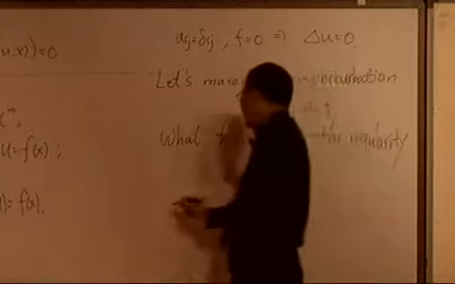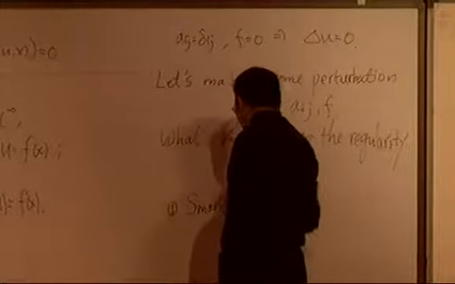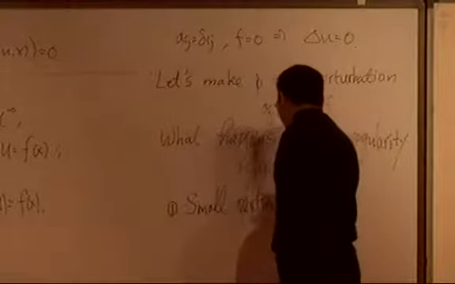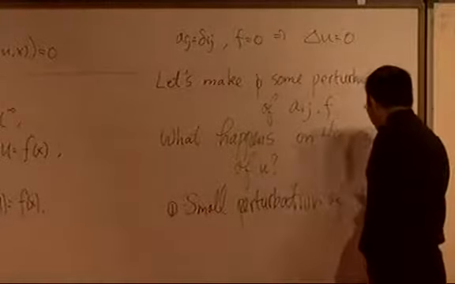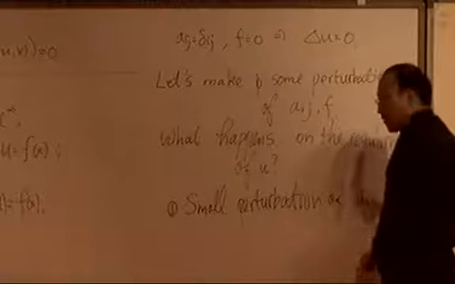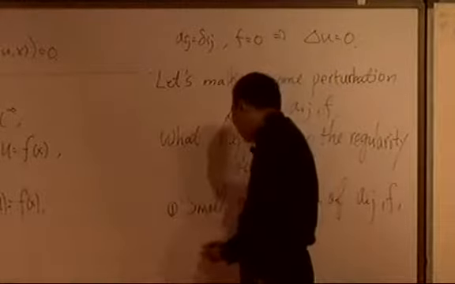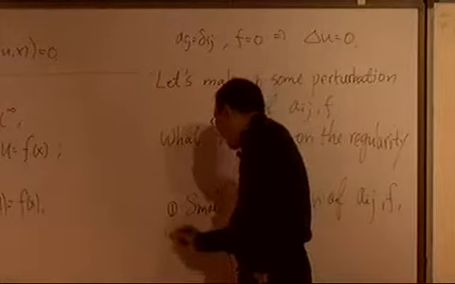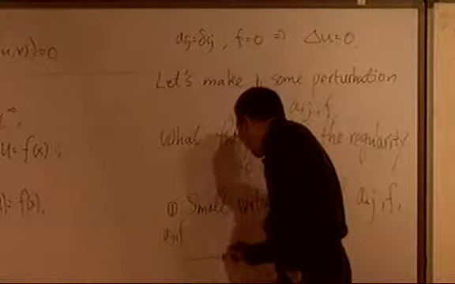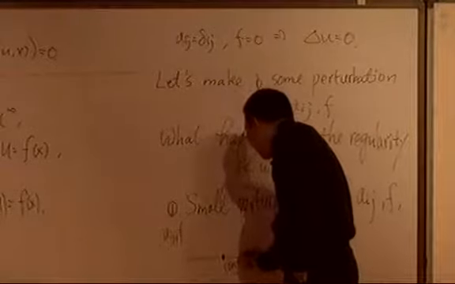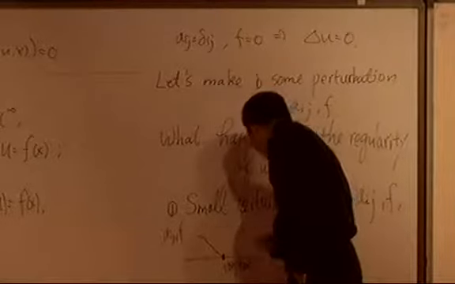So the first issue is a small perturbation of the coefficient. Okay. So you can give some regularity on the coefficient. Let's say A_ij and f are like some fixed constant, and let's say it's changing very nicely around there.